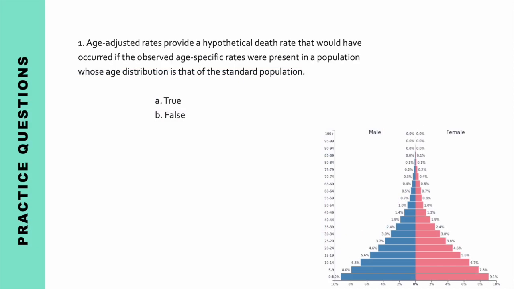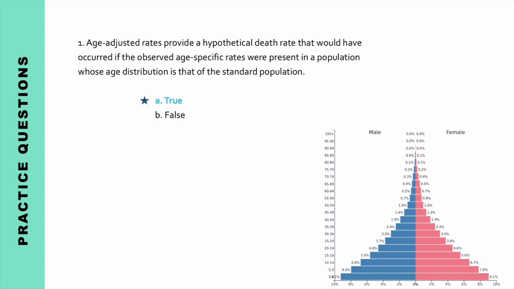Let's go through a few practice problems to check your understanding. Age-adjusted death rates provide a hypothetical death rate that would have occurred if the observed age-specific rates were present in a population whose age distribution is that of the standard population. True or false? True.